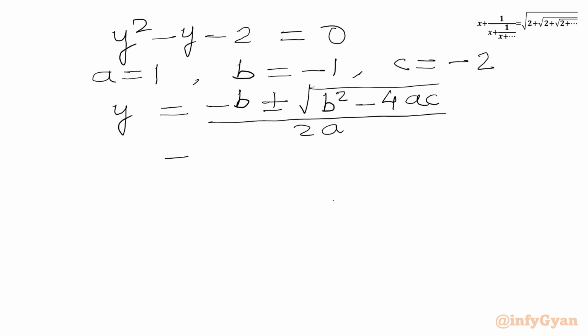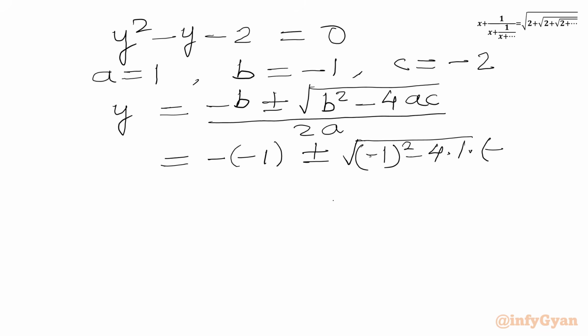Let's plug in all the values. We'll write minus of minus 1 plus minus square root of minus 1 whole square minus 4 times 1 times minus 2 over 2 times a. So 2 times 1.